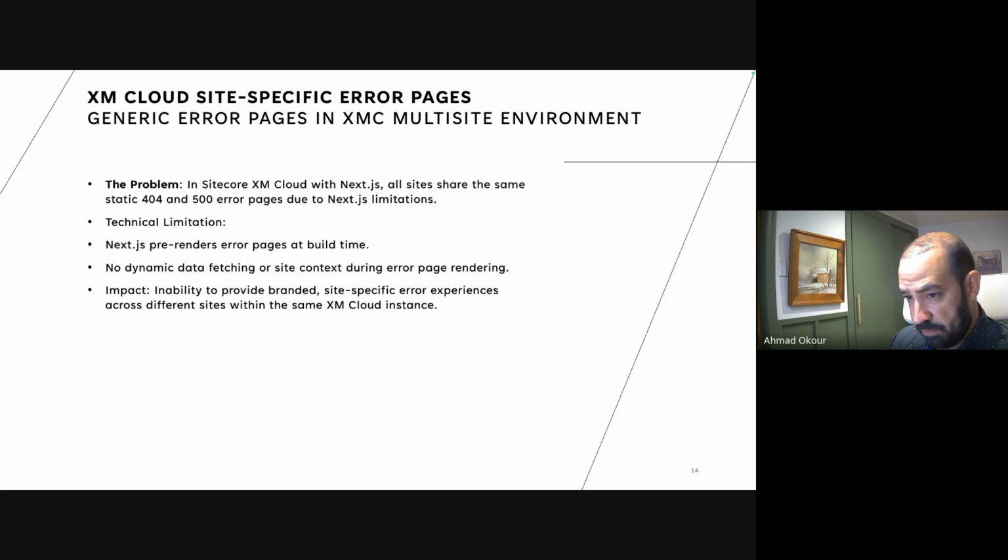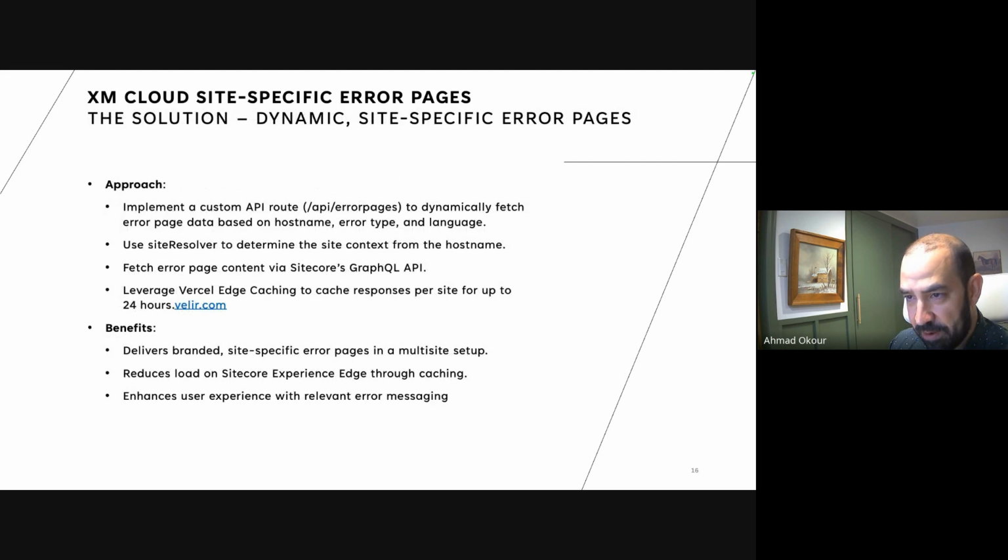All right. So our solution is basically to implement a custom API route called API error pages to dynamically fetch the error page based on the hostname, error type, and language. So we use the site resolver to determine the site context from the hostname, and then Sitecore has a service to actually fetch the error page layout rendering content from GraphQL, from Experience Edge.